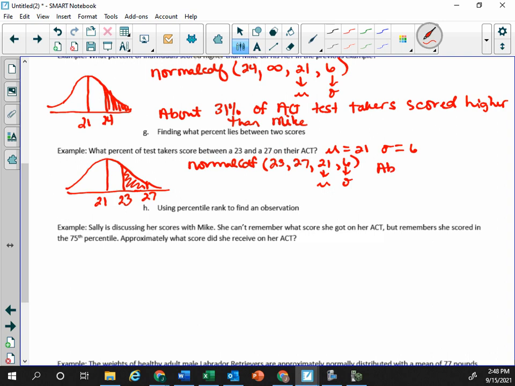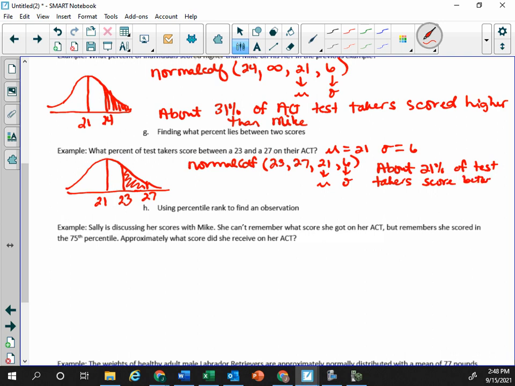So, yep, about 21% of test takers. Will you always round to a whole percent? You can. If you give me a decimal after, that's fine too. Yeah. Again, that's the weird part in here, it's like, oh yeah, you were close, that's good. It's very different.